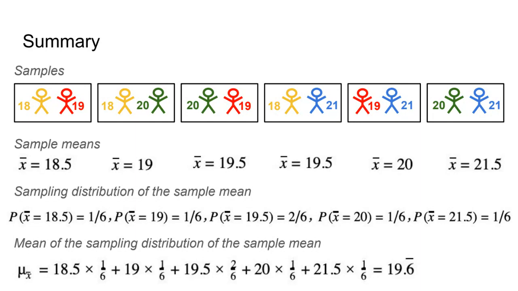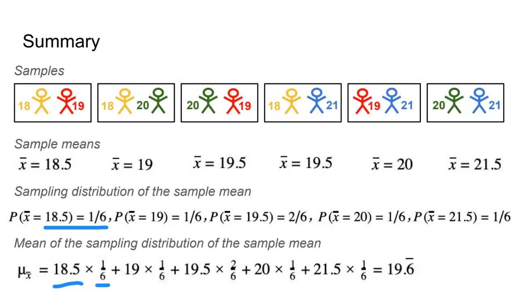And we calculate this. This is just an expected value. We discussed before how you calculate it. You multiply the probability to get a specific outcome with the particular outcome. So here, the probability of 1 over 6 to get a sample mean of 18.5, right? So this is given by this here.